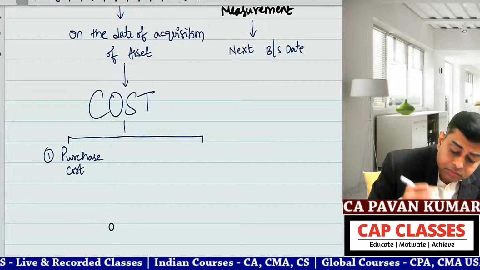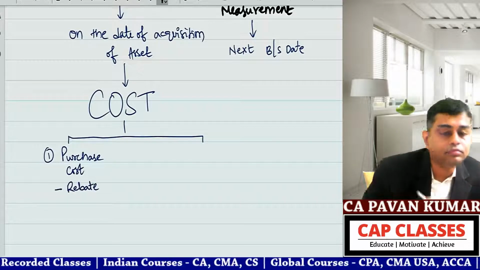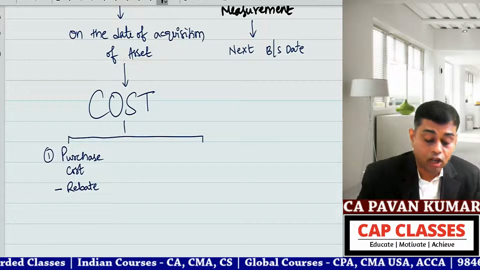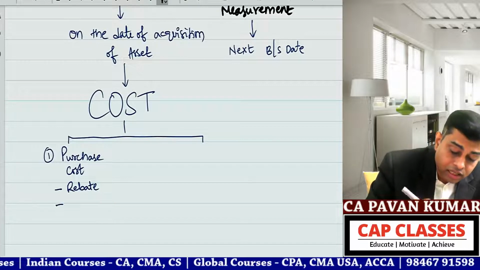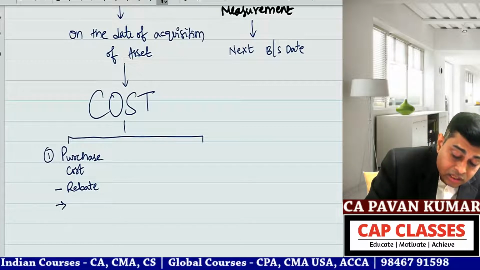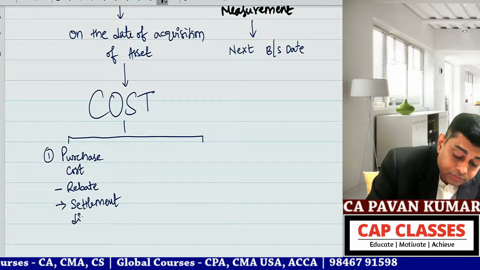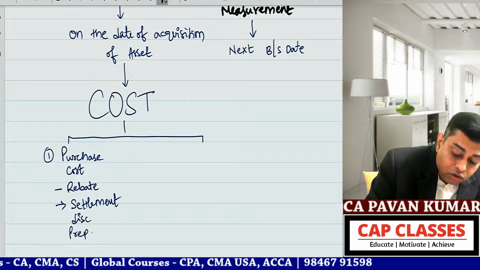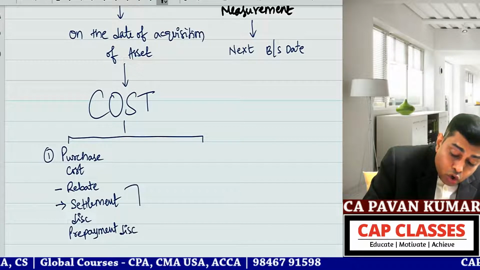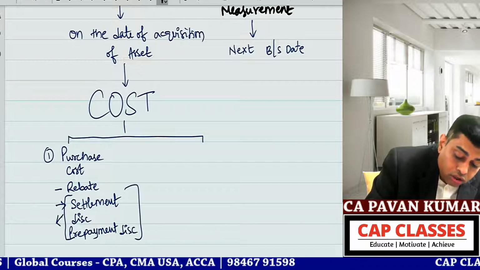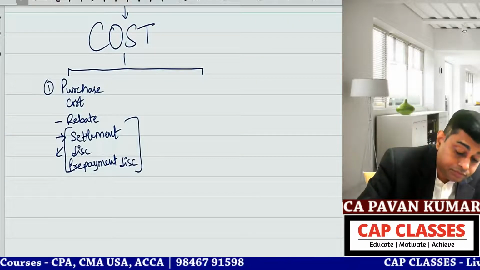Purchase cost, less rebates, and here settlement discount, prepayment discount are to be ignored. Don't consider. Ignore them. Take them to P&L.